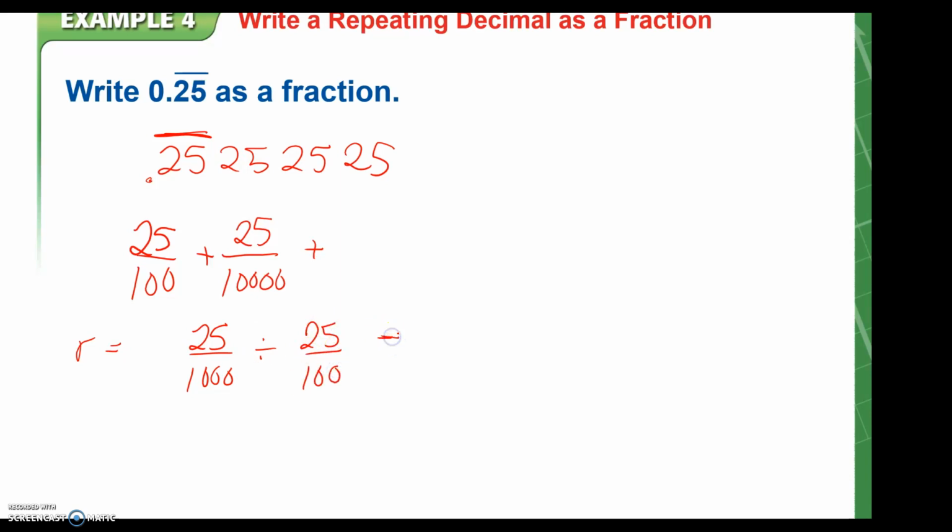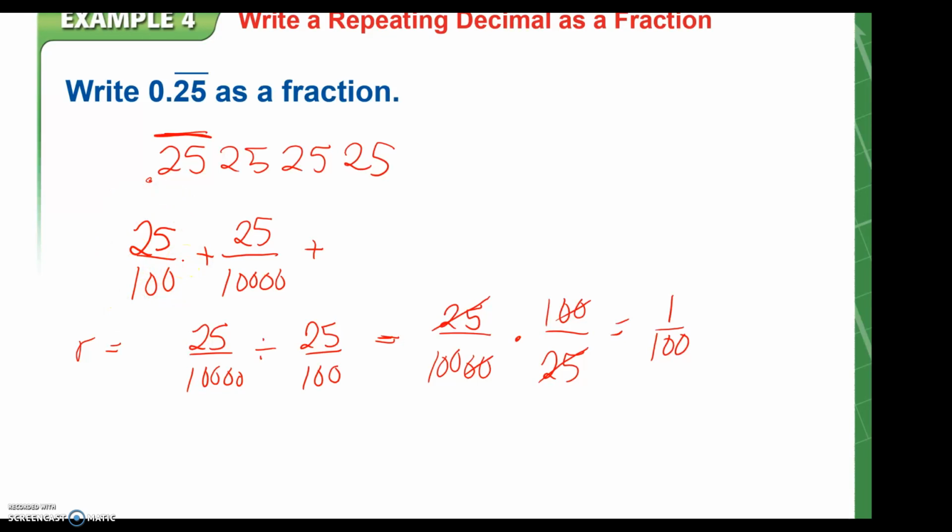So that would equal 25 over 10,000 times 100 over 25. And the 25s cancel, the zeros cancel, and I get 1 over 100. So that's my ratio.